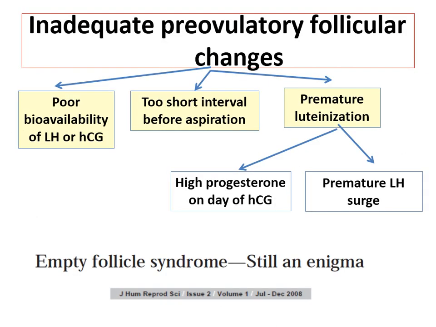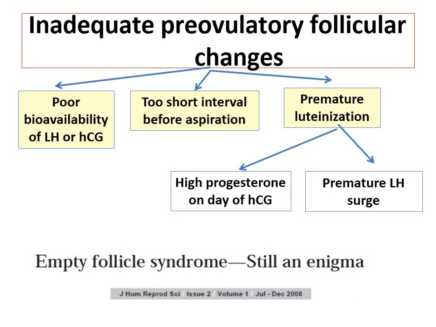The inadequate preovulatory follicular changes include poor bioavailability of LH or HCG, and too short an interval before aspiration. If you aspirate the oocytes before 36 hours, this will lead to failure of separation of the oocyte cumulus complex from the basement membrane into follicular fluid.